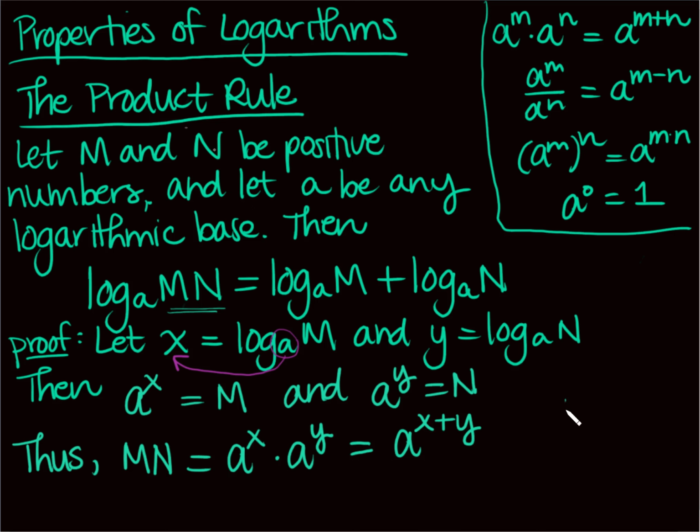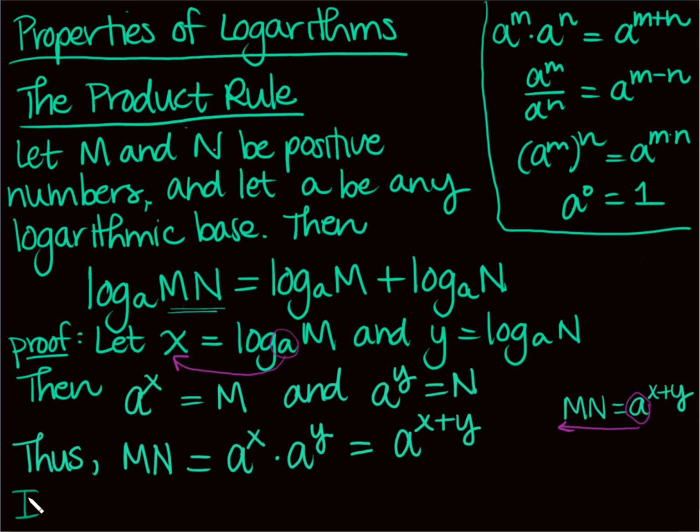So I'm going to do a little bit of work over here. If I have m times n equals a to the x plus y, if I asked you, how do you rewrite this equation without an exponent? People, look at what you're going to do. You're going to take the exponent across the equals sign, and it becomes the base for my logarithm. It follows. It follows is a good one.